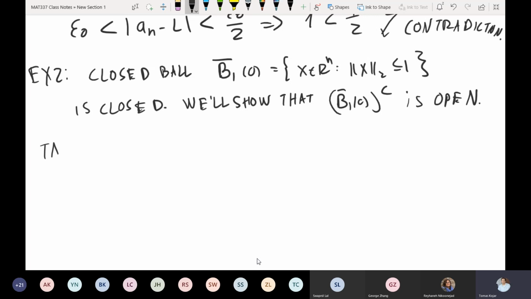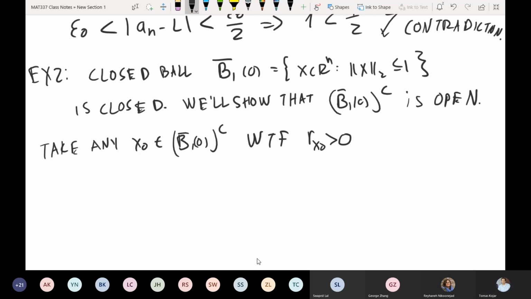So take any x naught in the complement. Want to find R_{x naught} so that the ball B_{R_{x naught}}(x naught) is fully contained in the complement.